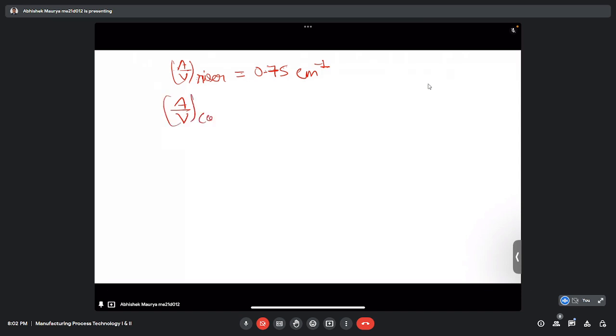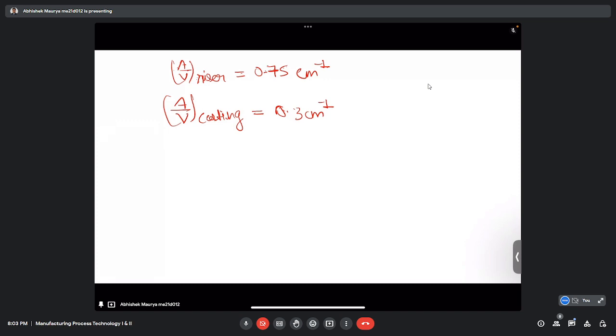Okay. So right now what we have got? We have got A by V of a riser equal to 0.75 centimeter inverse, whereas A by V of casting is 0.3 centimeter inverse.